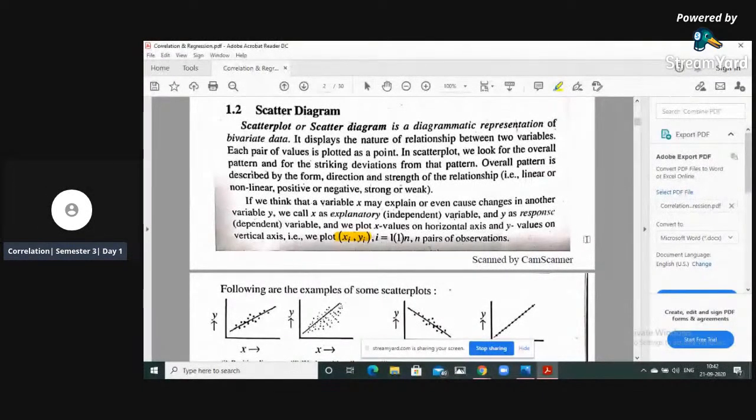diagram. Now, here we think of the variable x as the explanatory variable. X is known as the explanatory, whereas y is the response variable.